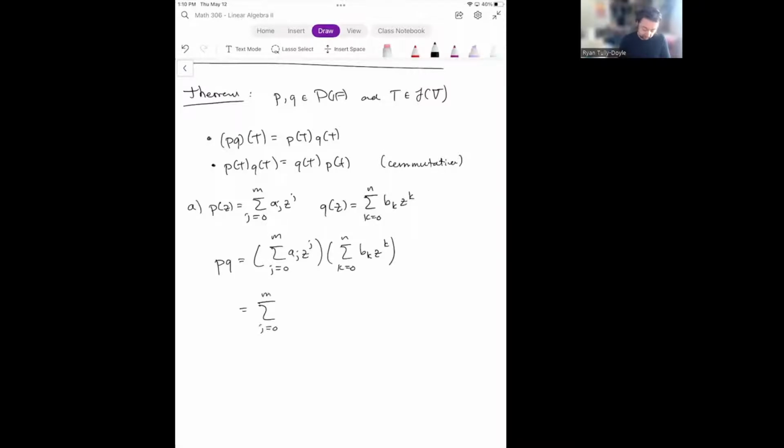Everything gets multiplied by everything else. There's one term for each set of indices, and you're going to get AJ, BK, Z to the J plus K. So this is just the distributive property.